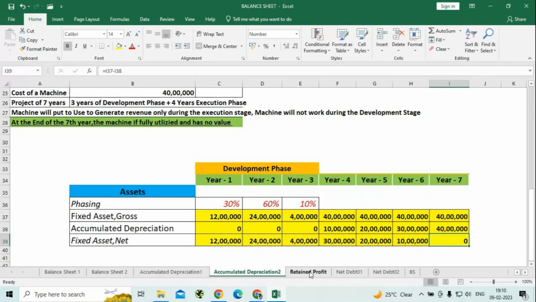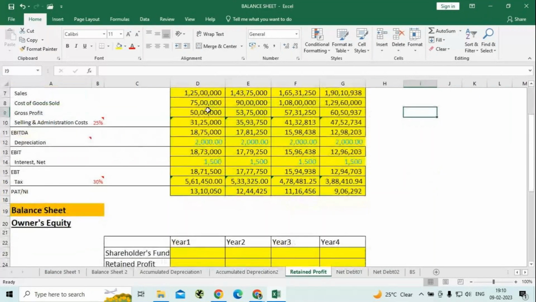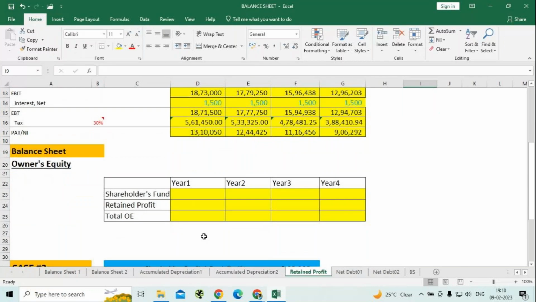The next part is retained profit. Retained profit means the profit which you get through the income statement, which you show in your balance sheet under capital or owner's equity.